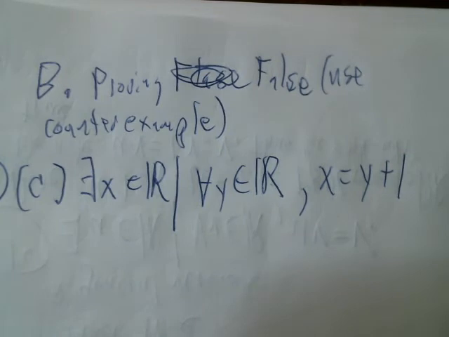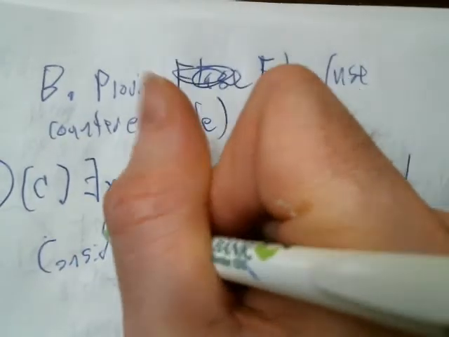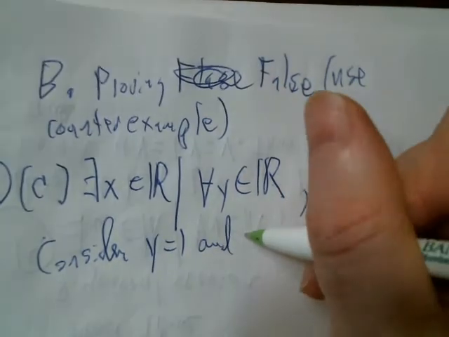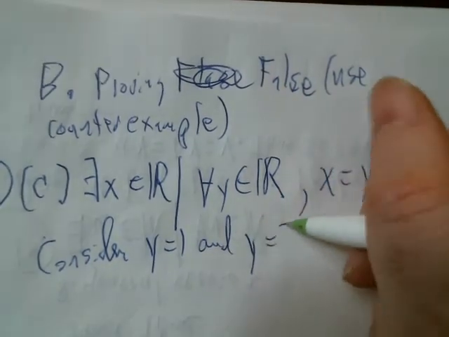Okay, so what we're going to do is kind of pick a random Y value and show that there doesn't exist a particular X that will work. Okay, so well, consider then Y equals 1 and Y equals 2.